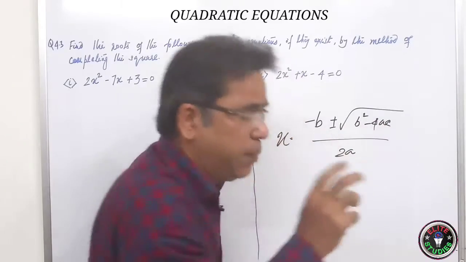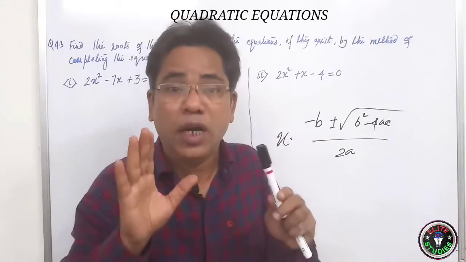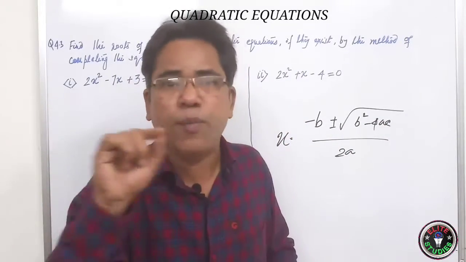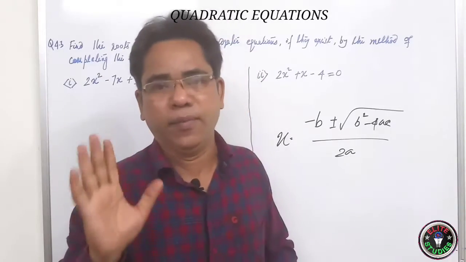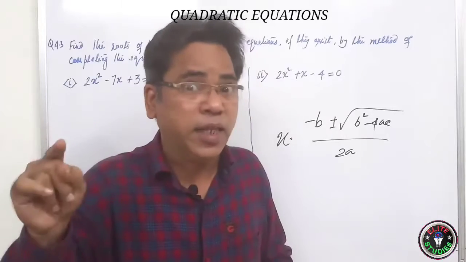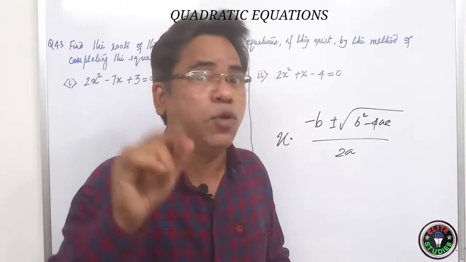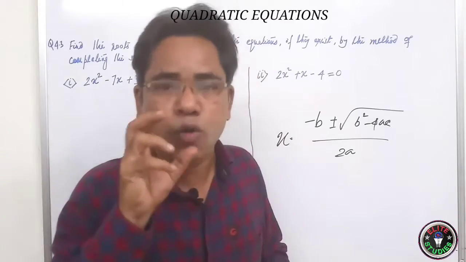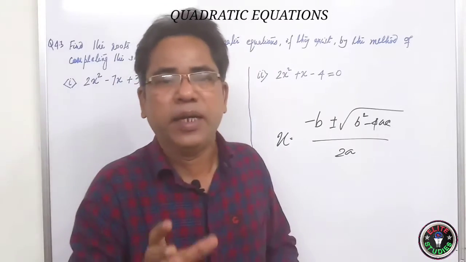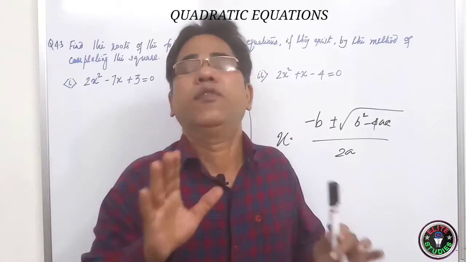The square root of a negative number is meaningless in the world of real numbers. There is no real number which can define the square root of minus 9. Yes, the square root of 9 is there, plus minus 3, but the square root of minus 9 is not there. The square root of a negative number is not defined.